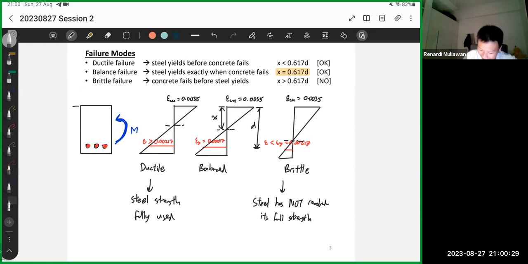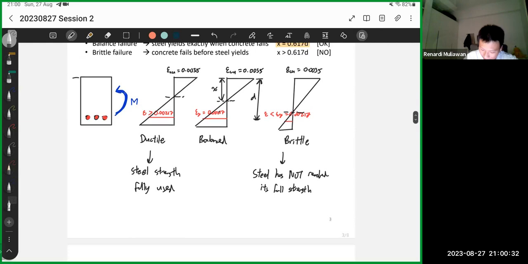This is d, let's say. Let's use similar triangles. So x divided by 0.0035. I'm taking this length and this length, and comparing it to this whole length and this whole length.